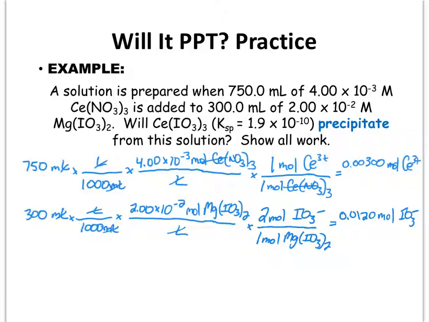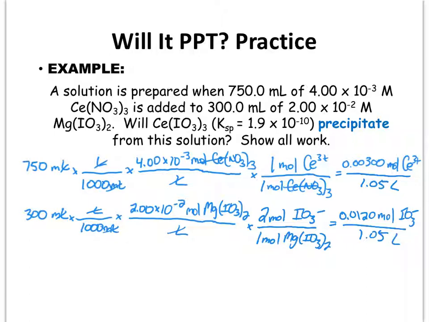So essentially, there's this many moles of Ce3+ floating around in 1.05 liters of solution. I just converted it to liters so that I can quickly find the concentration, moles over liters here. So you do need to be in liters because you want to find the concentration, but you've got to total up the actual number of milliliters you're mixing. And then the IO3- is floating around in the same number of liters here.